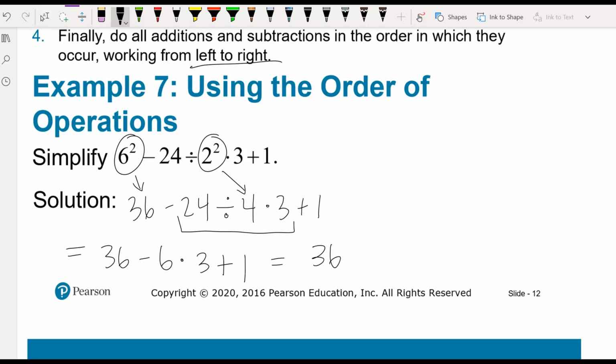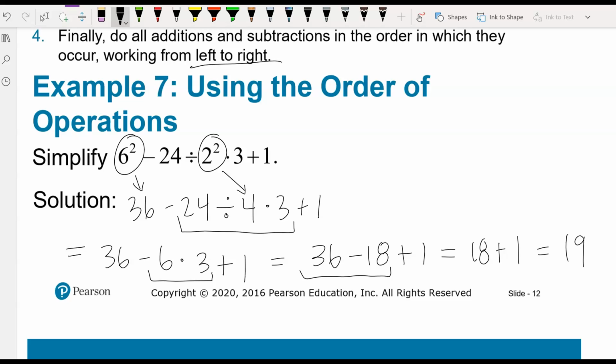Next, we'll do the multiplication. So negative 6 times 3 is negative 18 plus 1. And then left to right. So these two first. So 36 minus 18, we get 18 plus 1, which makes 19.